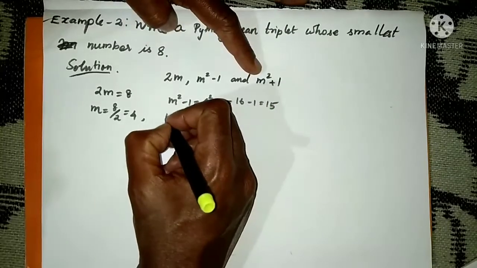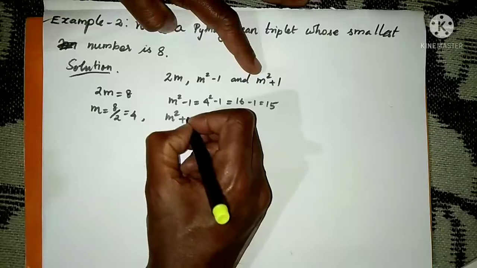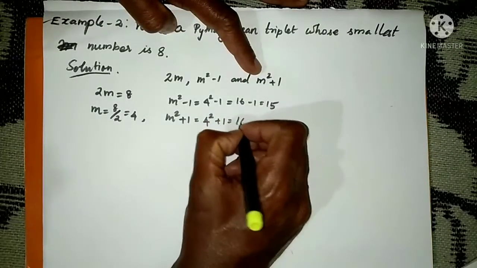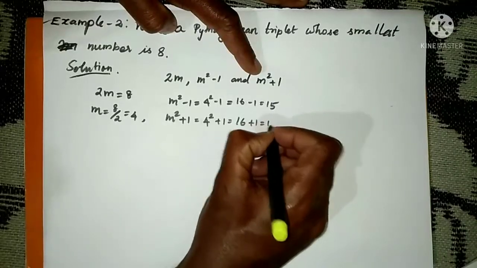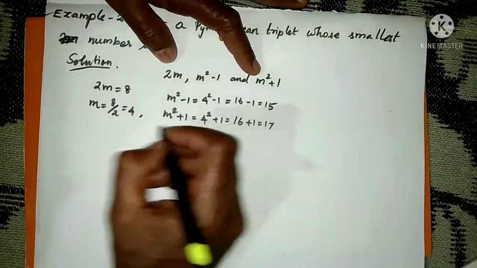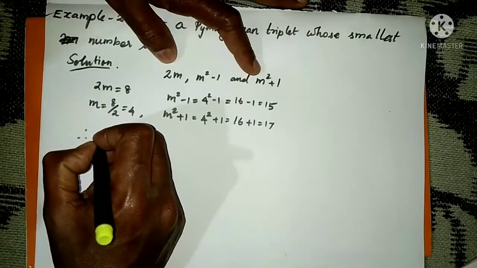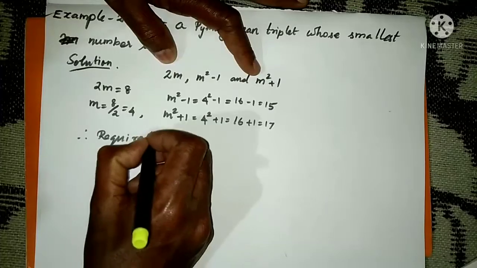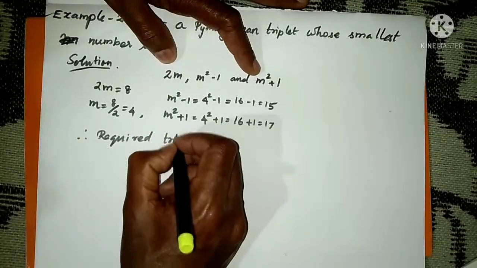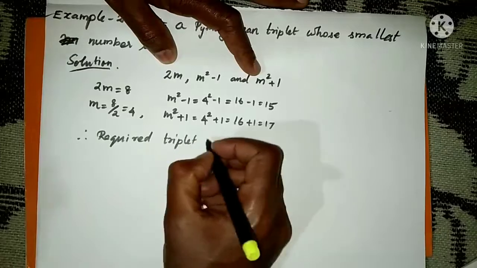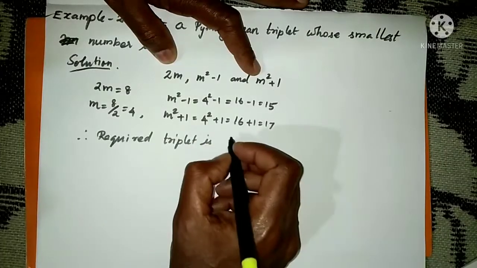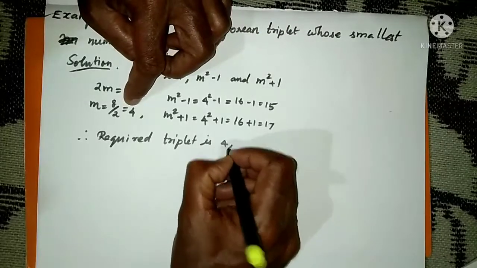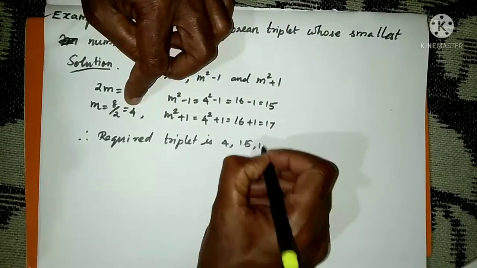The third one is m square plus 1. M is 4, so 4 square plus 1, which is 16 plus 1, which is equal to 17. Therefore, the required triplet is 8, 15, 17.